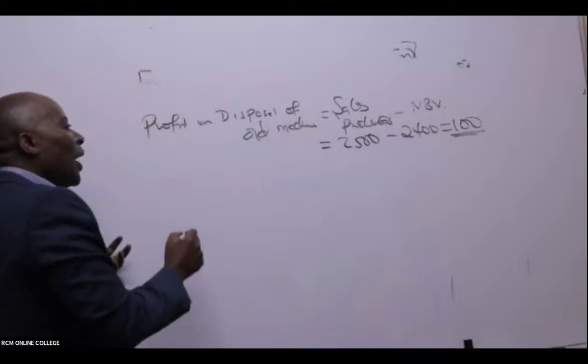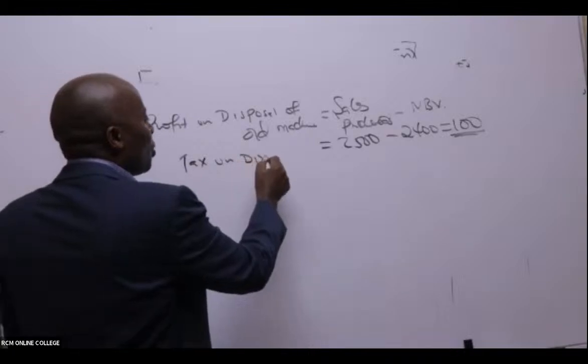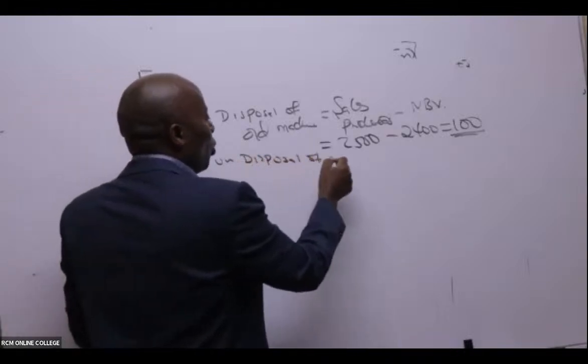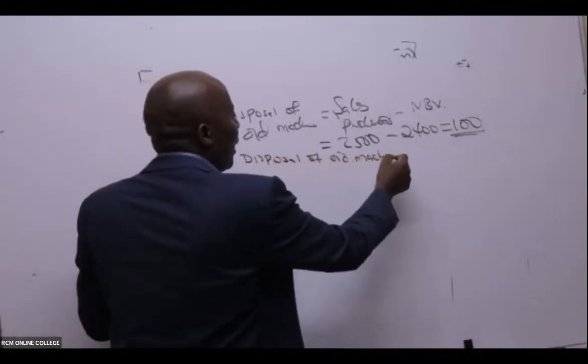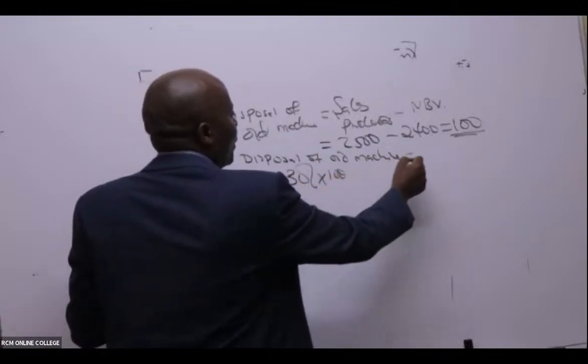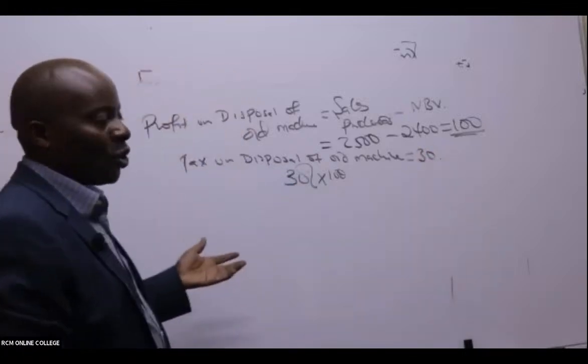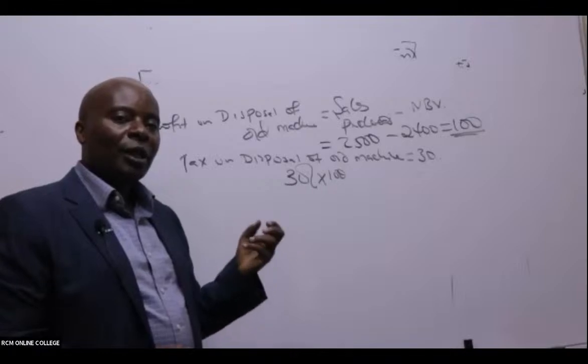So then go ahead and give me the tax on disposal of old machine. This is tax you must pay. So it will be 30% times 100, which gives me 30. And then Wayne is asking a very important question on installation.